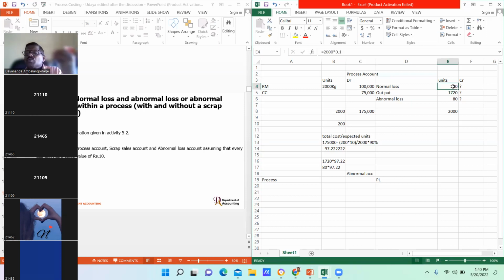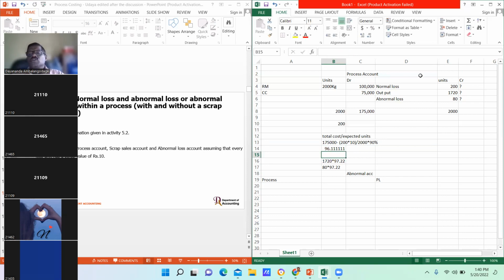Here the total loss is 200 plus 80, 280, but we don't take the total loss, we take only the scrap value of normal loss, divided by the expected units. So you have to minus 200 into 10, which means 2000, from this, then you will get the unit cost.